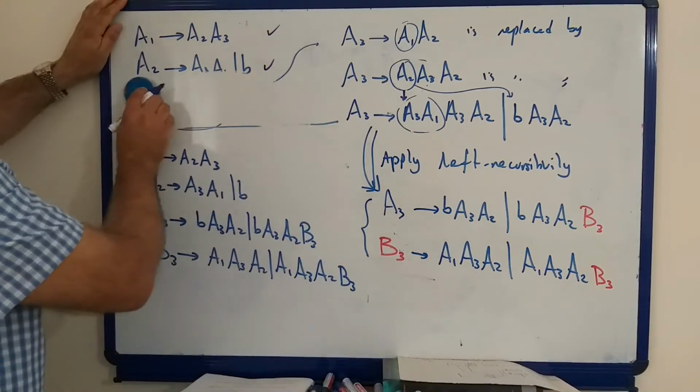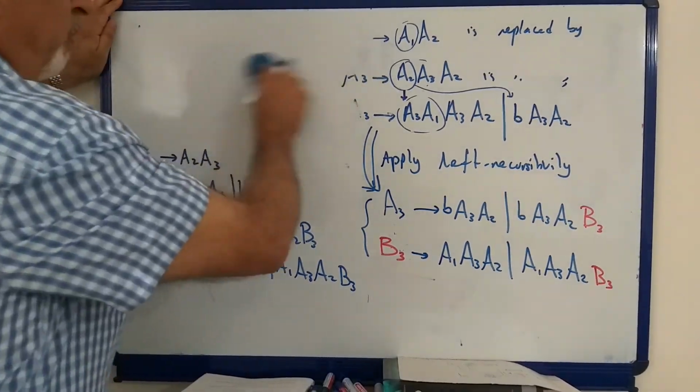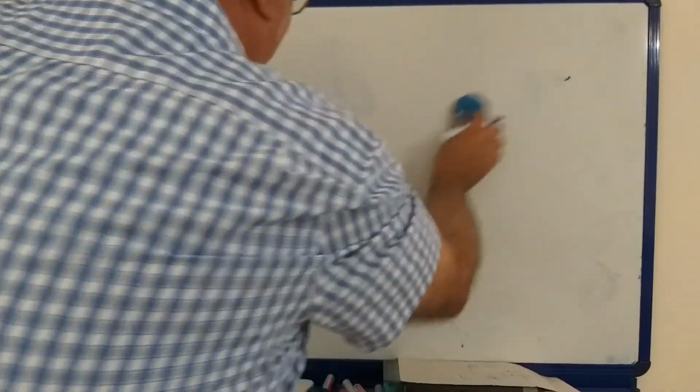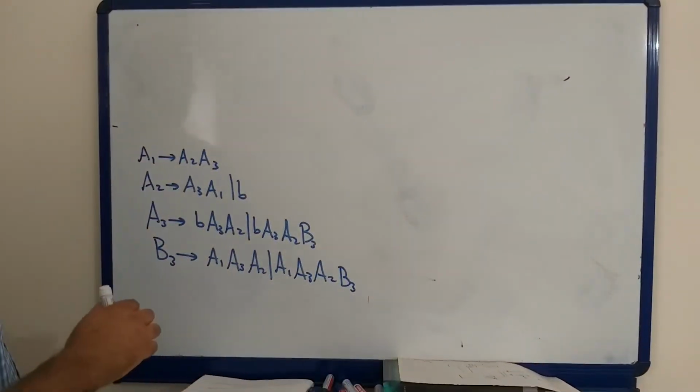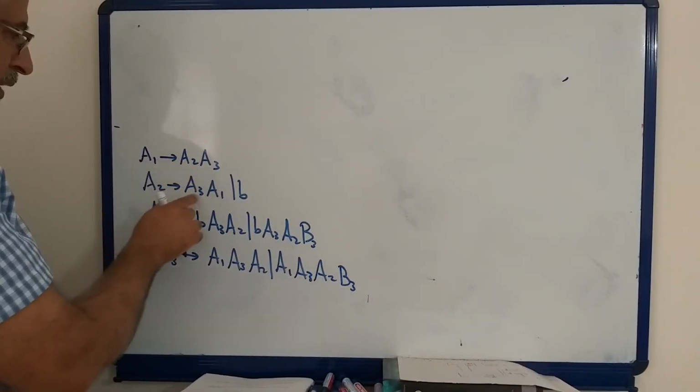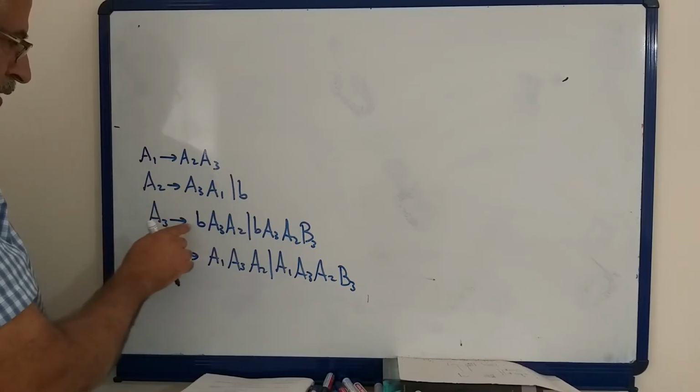Okay, so I finished up to now, but we didn't finish all things. After this, you should have j greater than i. 2 greater than 1, 3 greater than 2.